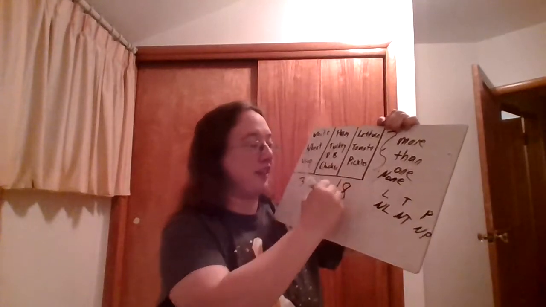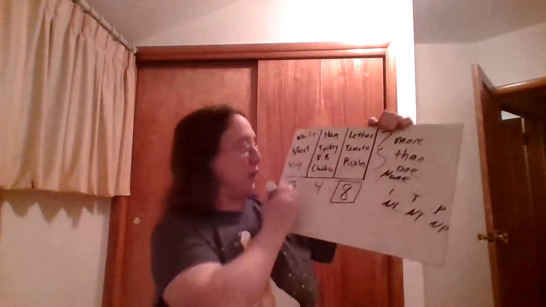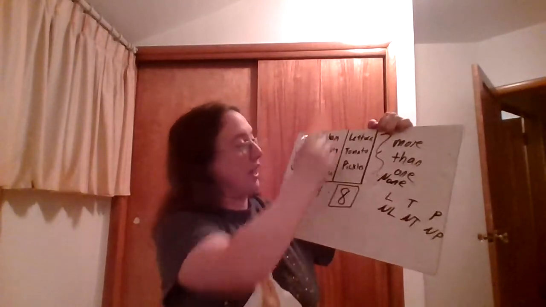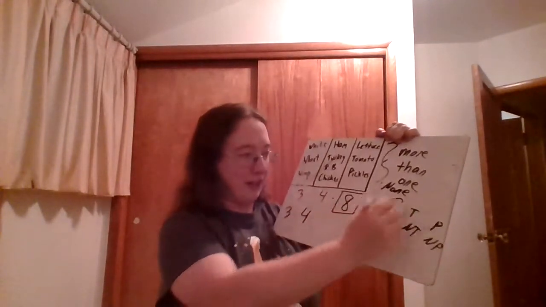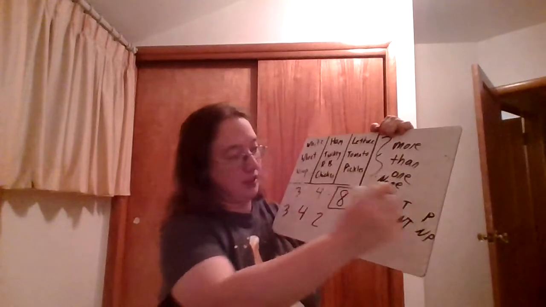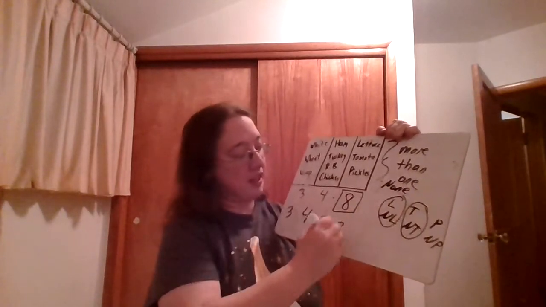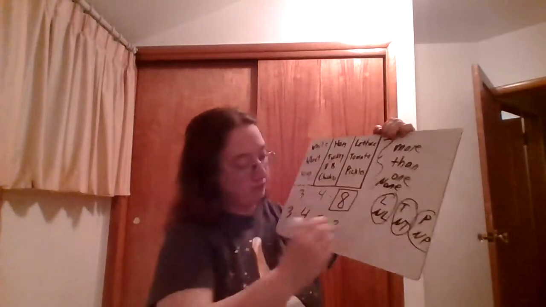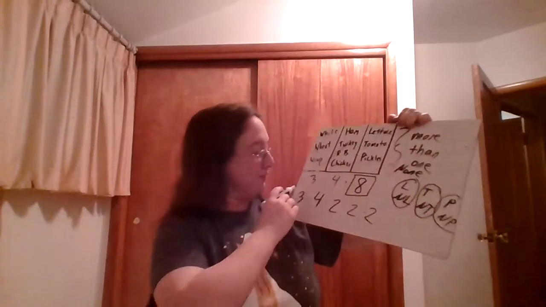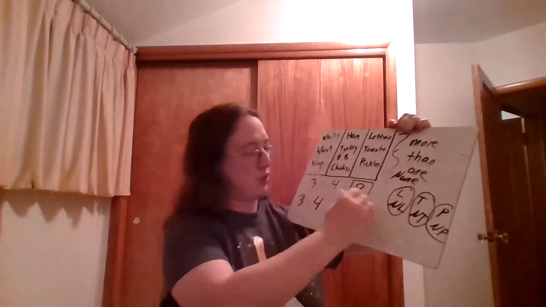So instead of this 8, I'm going to have my 3 breads. I'm going to have my 4 meats. I've either got lettuce or not. That's 2. I've either got tomatoes or not. That's 2. And I've either got pickles or not. That's 2. But 2 times 2 times 2 is 8.